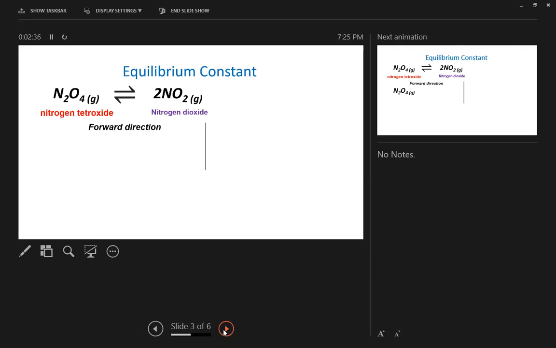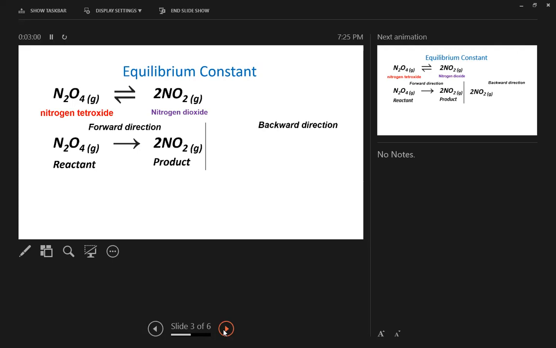If you look at this equation, it has both the forward direction and the backward direction. Let's look at the forward direction. What does the equation look like? In the forward direction, the nitrogen tetraoxide, which serves as a reactant, is going towards the product, forming nitrogen dioxide. That is the forward reaction.